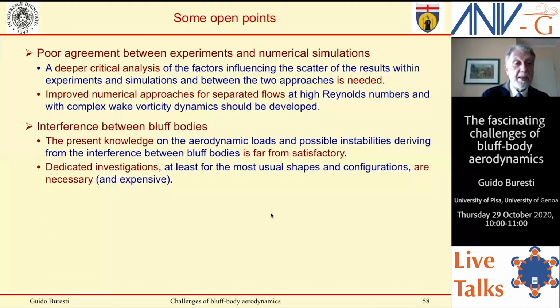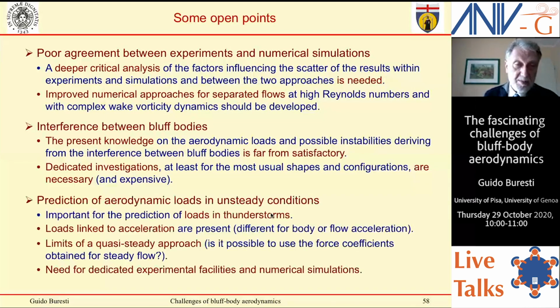And the other one, and the one Genoa is involved in now, is the prediction of aerodynamic loads in unsteady conditions, because it is important for loads in thunderstorms, in which you may have significant accelerations and decelerations of the flow. So you have loads linked to acceleration.